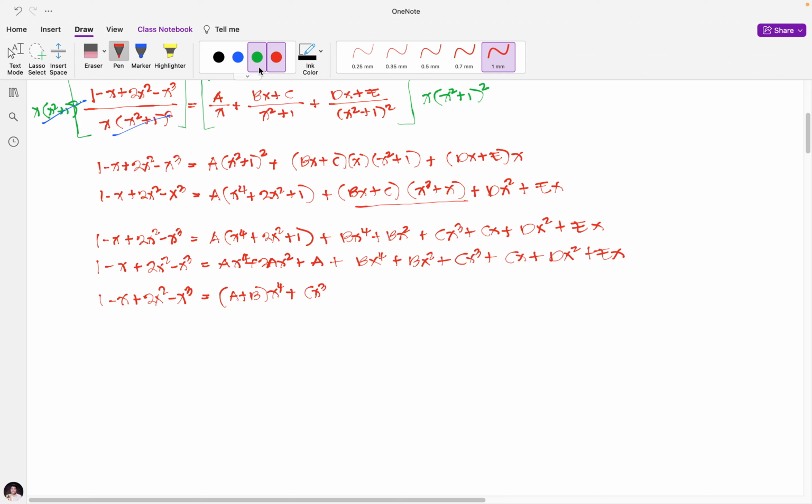Again, isa-isahin natin. For x raised to 4, we have a x raised to 4 and b x raised to 4, so we have a plus b. Next, for cube, we only have c x cubed. Next, for squared, we have this and this, so that means we have plus 2a plus b plus d x squared.